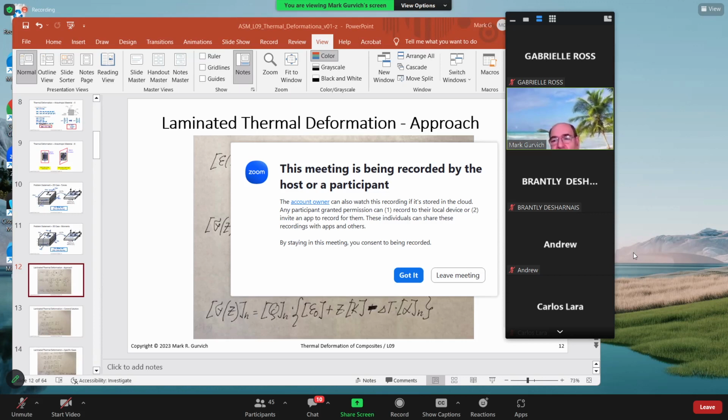What we are talking about is that epsilon sub 0 should be equal to strain because of load, plus strain because of thermal expansion, yes? So if I rewrite it, the original would be epsilon sub 0 equals epsilon sub z plus this component, yes? And because we're interested in the actual strain which we have in each layer, we need to put this component from left to right, so here we'll have minus.